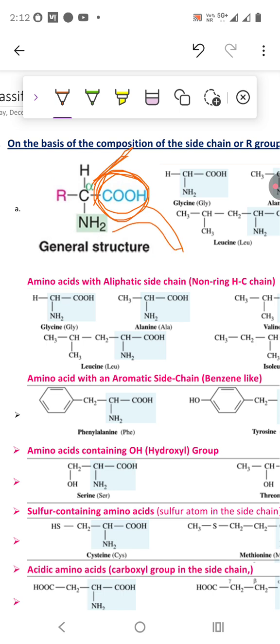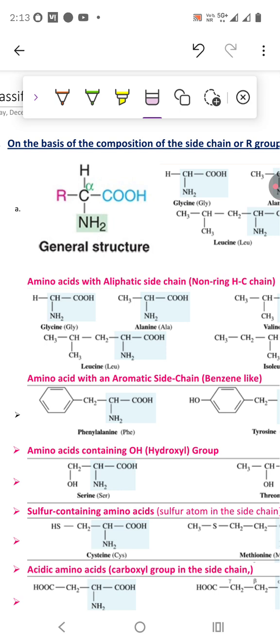So carboxylic acid acts as the main functional group and amine here acts as a substituent. So this alpha carbon in amino acid is attached to the main functional group, which is carboxylic acid. What is then beta and gamma carbon? The beta carbon, if at all present, will attach next to this alpha carbon, and gamma carbon will attach next to this beta carbon. That's it.